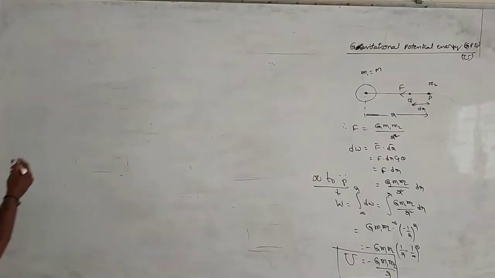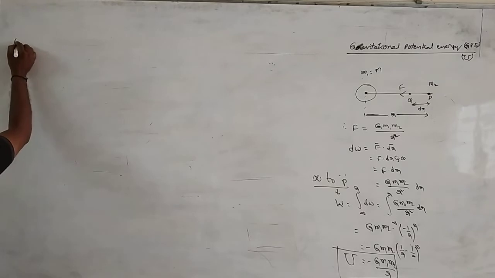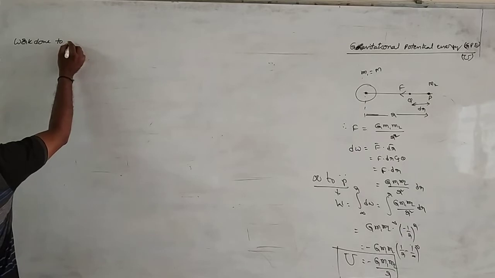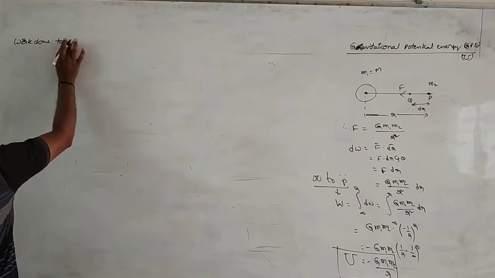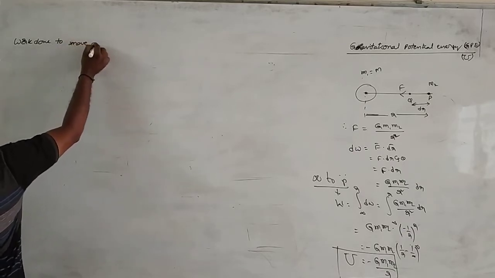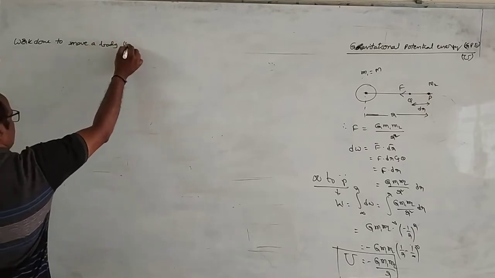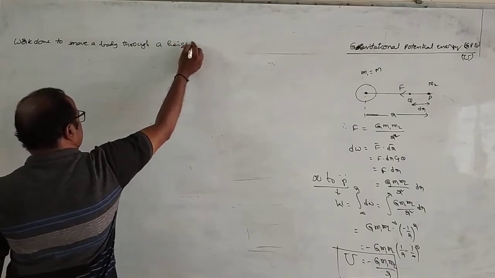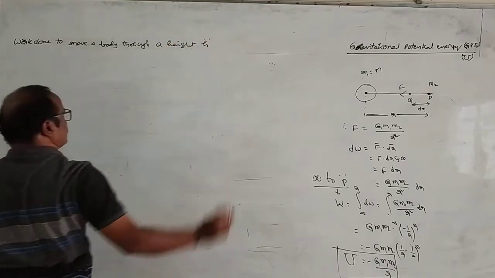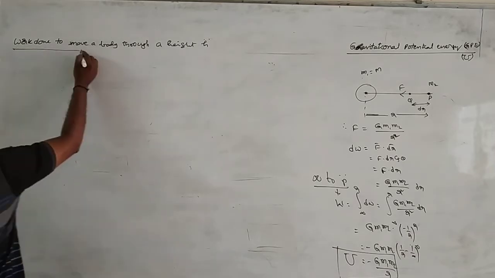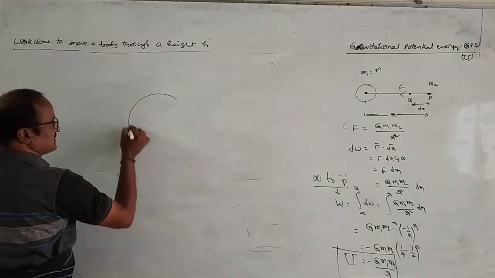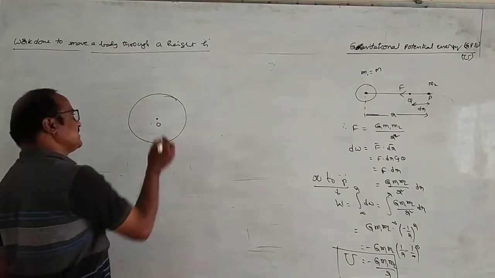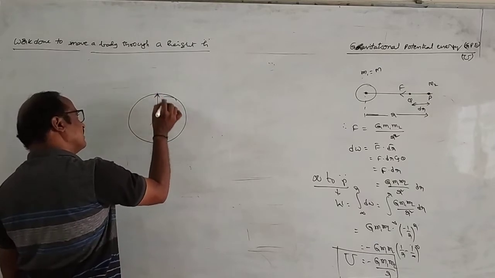This is the surface of earth. Center of earth is O, radius of the earth is R.